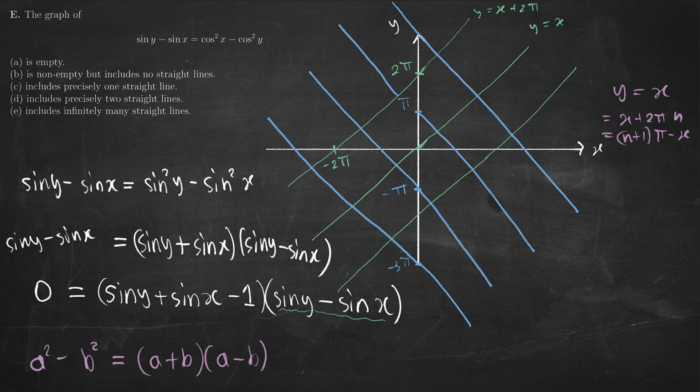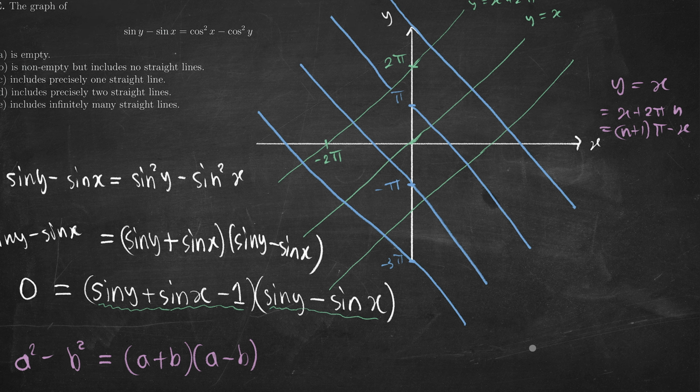But you can see it creeping up again here, and setting sine y equals sine of x would give you exactly the same solutions as these ones up here. But this factor here, we haven't considered: sine y plus sine of x minus the 1. That would equal 0 as well as solutions to this particular equation.